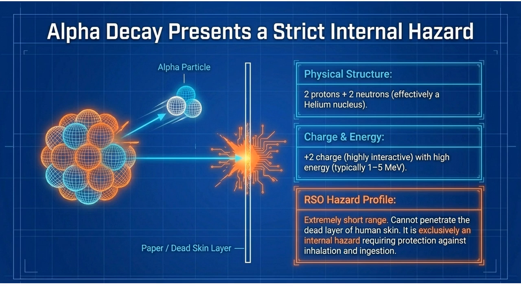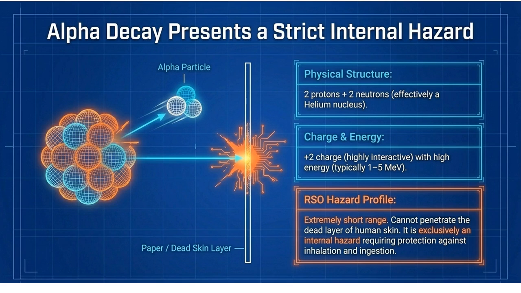Alpha decay presents a strict internal hazard. Alpha decay involves the emission of an alpha particle consisting of two protons and two neutrons, effectively a helium nucleus.